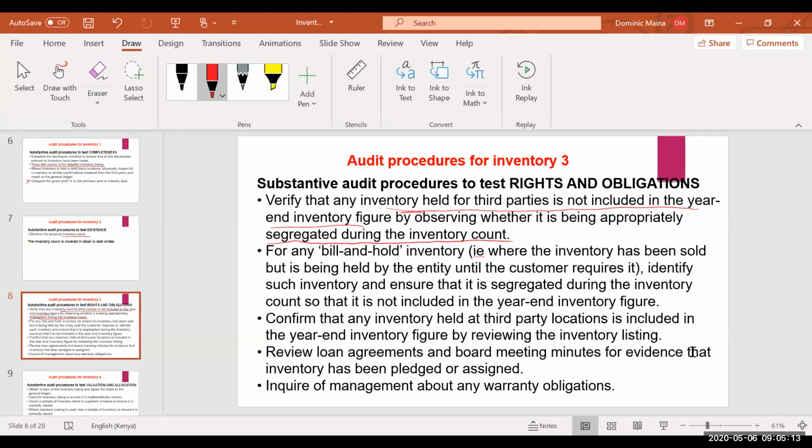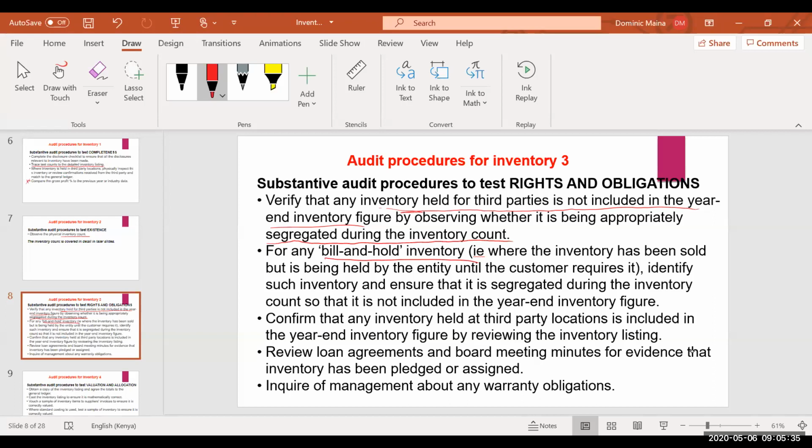For any bill and hold inventory, that is inventory that has been sold but is being held on by the entity until the customer acquires it, identify those inventory and ensure that it's segregated during inventory count so that it is not included in the year-end figure.